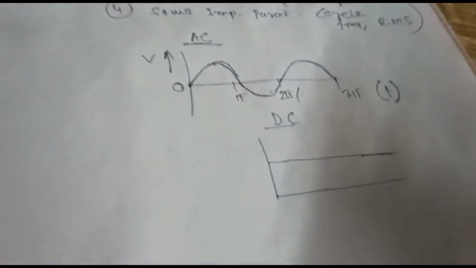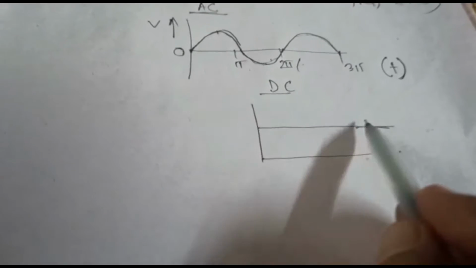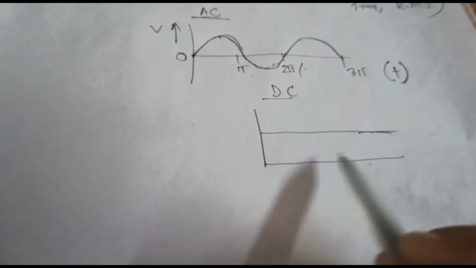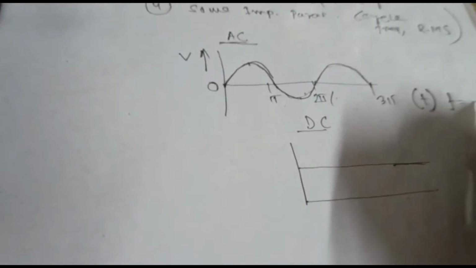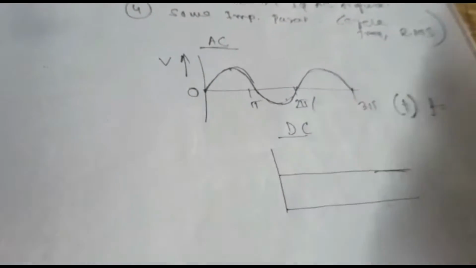Now what is DC? DC means the value remains constant. Look here, the value remains constant over the whole time duration. Another difference between AC and DC signals is that an AC signal has a specific frequency.